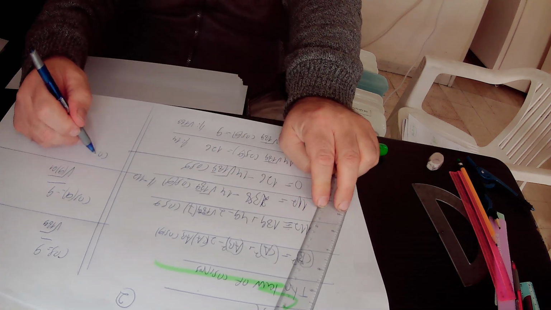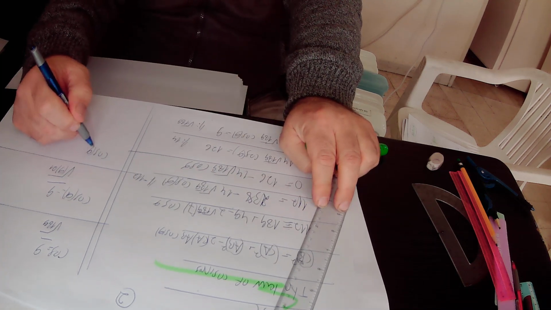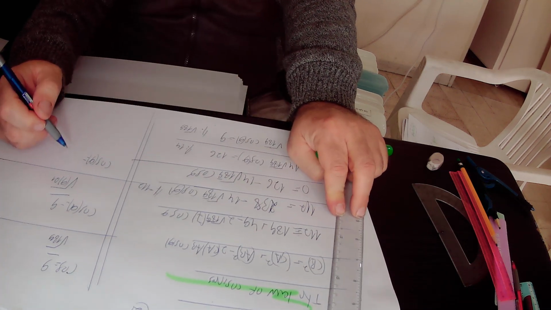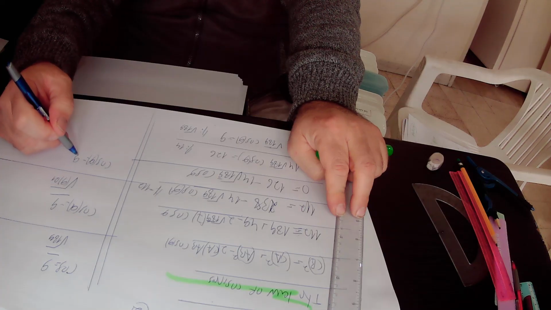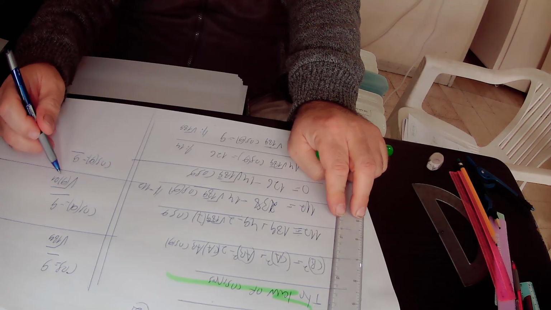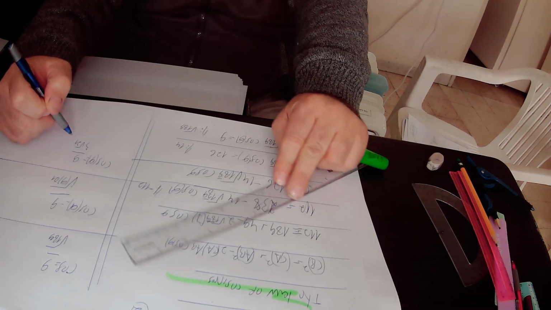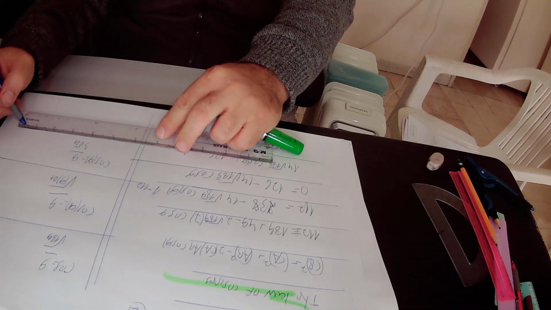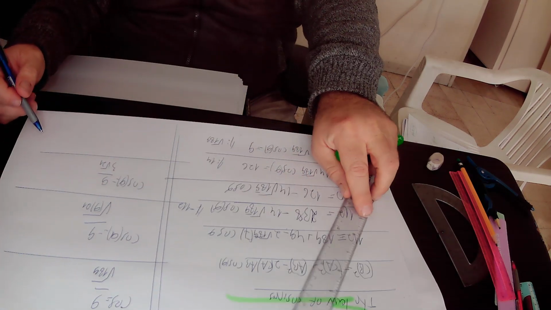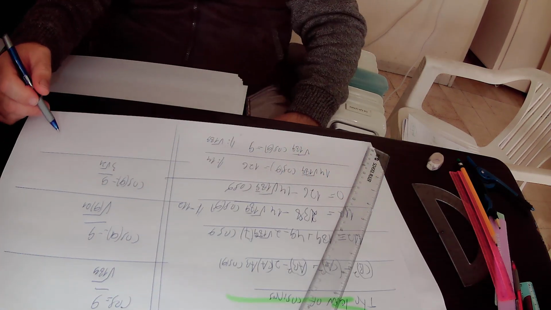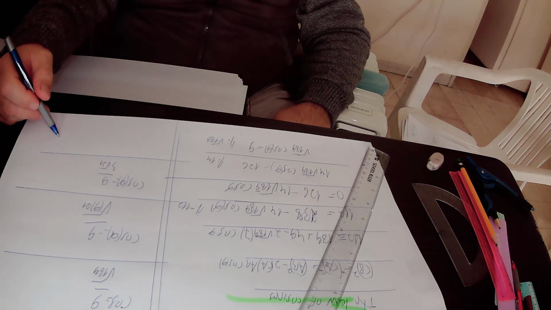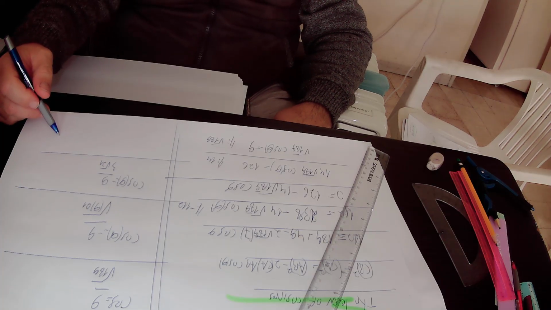So cosine alpha equals to 9 over, again, the square root of 9 is 3, so inside the root we are left only with 21. So in total we found out that cosine alpha equals to 9 over 3 times square root of 21.